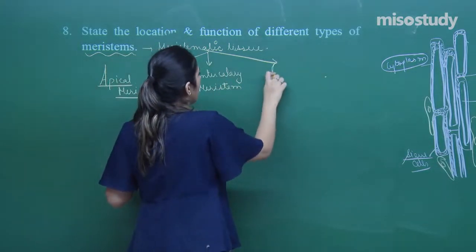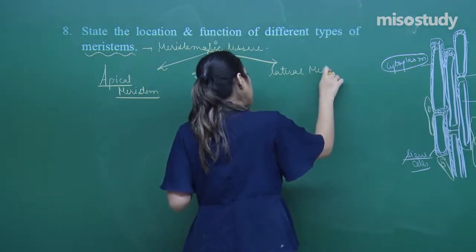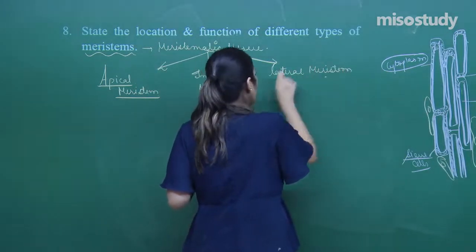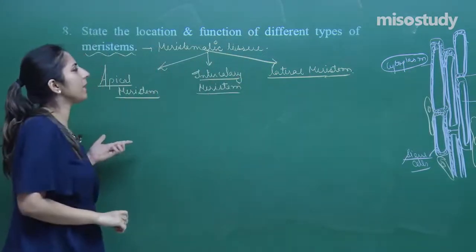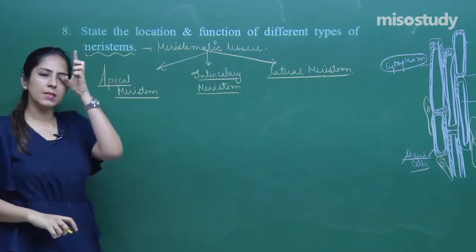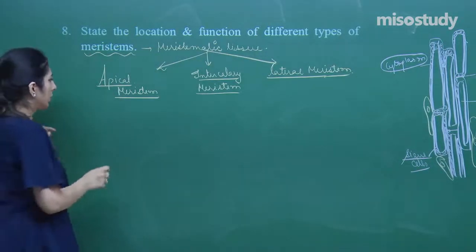And the third one is called lateral meristem. Now, what is an apical meristem? Apical meristem is that meristem which is present at the apex of root and shoot.